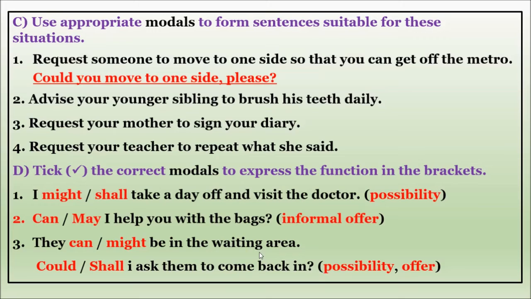If somebody is asking us where they are, we don't know, we saw them in the morning in the waiting area. Now we don't know whether they are there or not. So if we want to tell that, whether they are there or not, we can use may or might. Can will not be used because can is used only for the ability of a person. So the right answer is might.